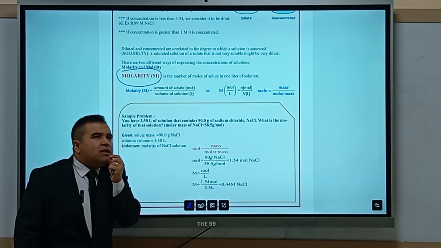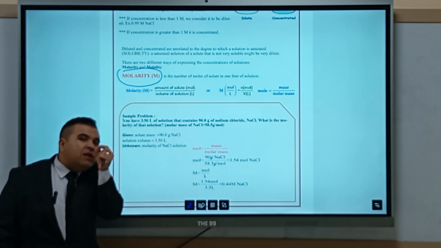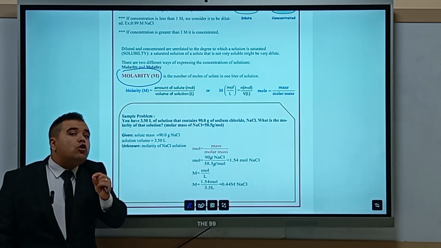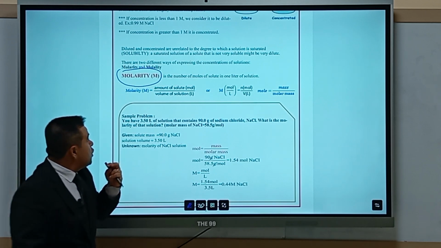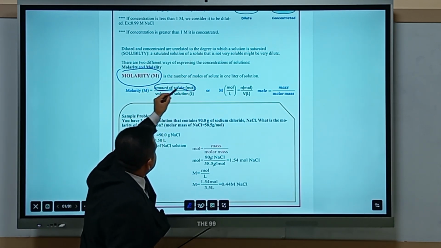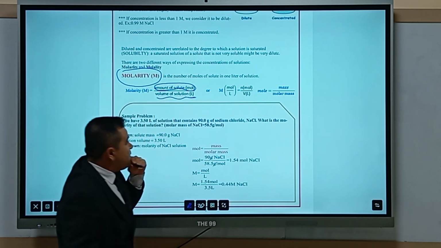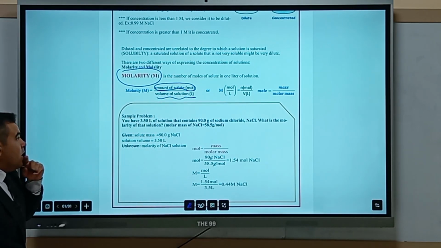Guys, molarity represents the amount of solute in moles per volume of the solution. So, how many moles of the solute exist per volume of solution, and the volume must be in liters.